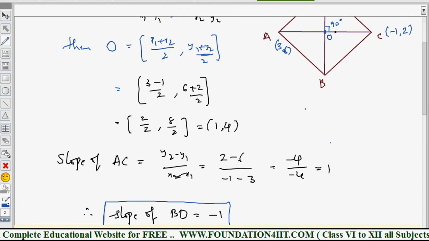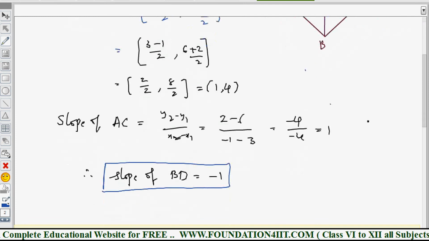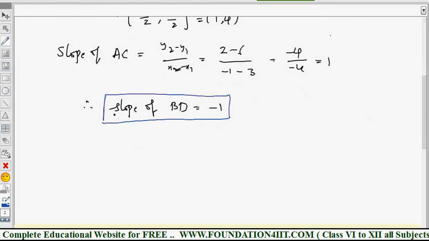Slope and point. So we can use the slope point form to find the equation of BD. So already we got the point O, that is 1 comma 4. Now this is x1 y1 and slope is m.